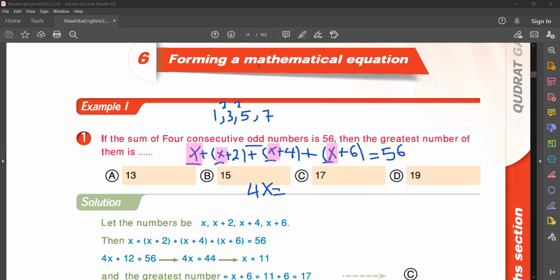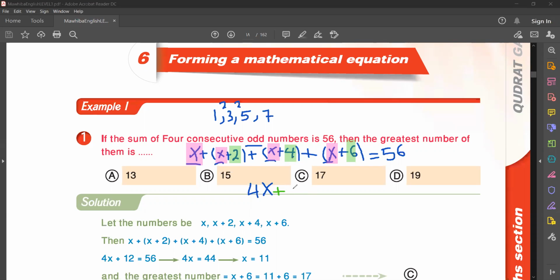Also, then we add the numbers. We have here 2 and 4, 6, right? 2 plus 4 is 6, plus 6, how much will it be?